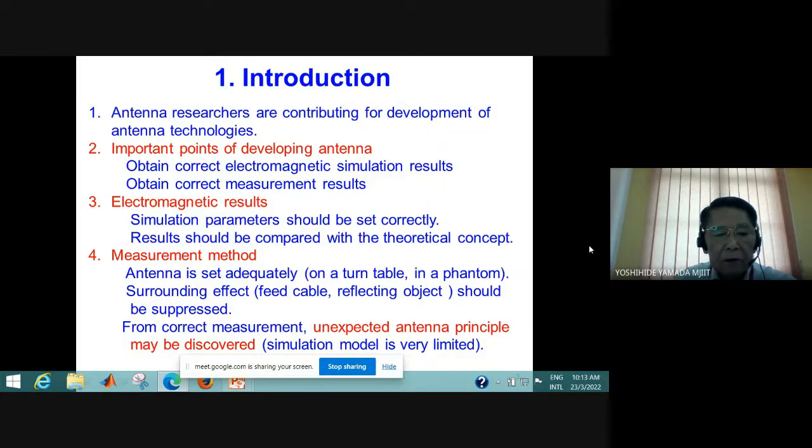So by correct measurement, we can find new principle of antenna may be discovered. So we are expecting for the measurement results. So correctly measured, we can expect finding new principle.